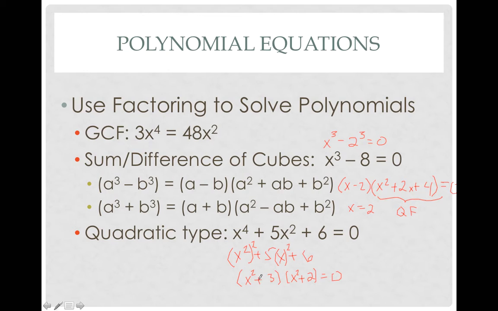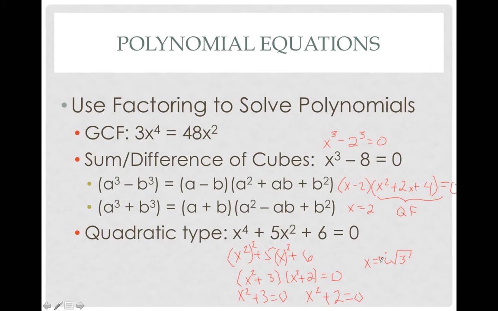If this says that x squared plus 3, here I can say x squared plus 3 equals 0, and I can say x squared plus 2 equals 0. I would subtract 3 and then take the square root. So that tells me that x is equal to the square root of negative 3, which is actually i times the square root of 3 like we learned the other day.